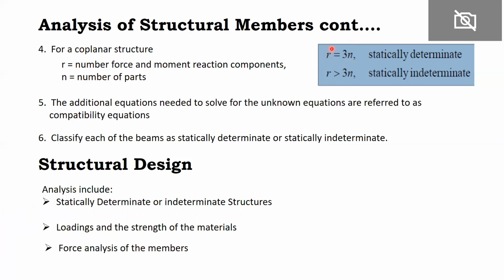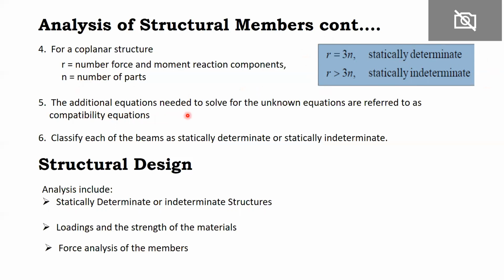Here R is the number of force and moment reactions on the components, and n is the number of parts. So depending upon the reaction forces and number of parts, we can decide whether the structure is statically determinate or indeterminate. This is one condition.